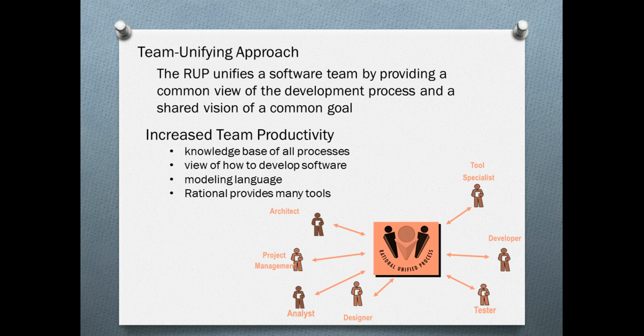So why do we call this the Rational Unified Process? Because it actually unifies the whole team. RUP unifies a software team by providing a common view of the development process and a shared vision of a common goal. It increases team productivity through a knowledge base for all processes.